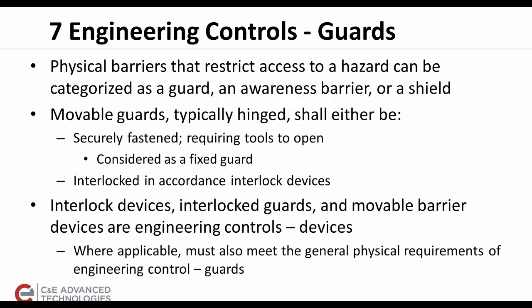If they are held closed with fasteners that require a tool to open, i.e. no latches, no thumb screws or wing nuts, they can be considered as a fixed guard, even though there are hinges on it, on the basis that the hinge is there to safely open and gain access to the hazard after lockout tagout has been completed and special tools are used to gain access. If that's not the case, then the guard would need to be interlocked.